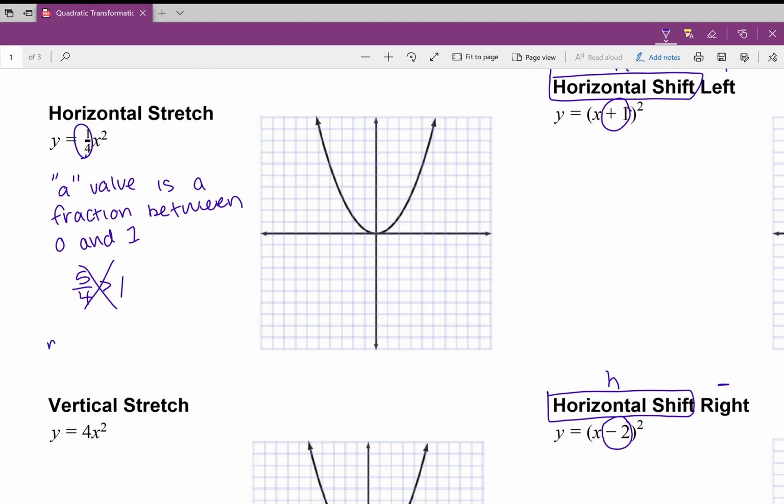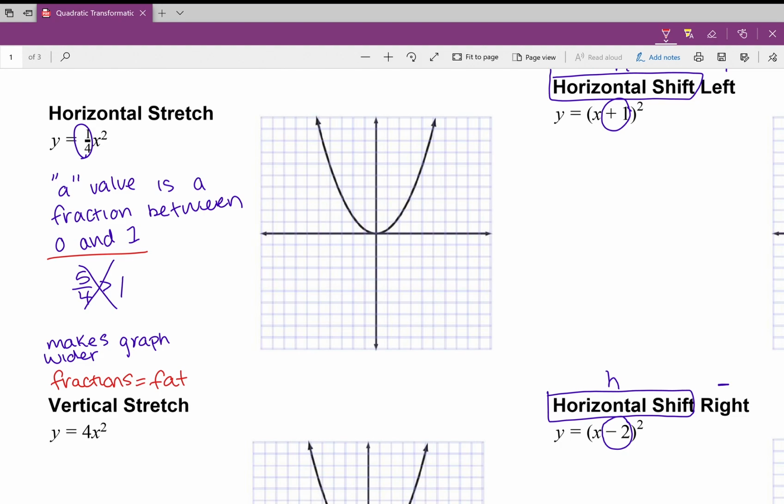So it makes the graph wider. Or another way you can help remember this by saying that fractions equal fat. Remember, when we're talking about fractions, we're talking between 0 and 1, the small fractions, not the improper ones.